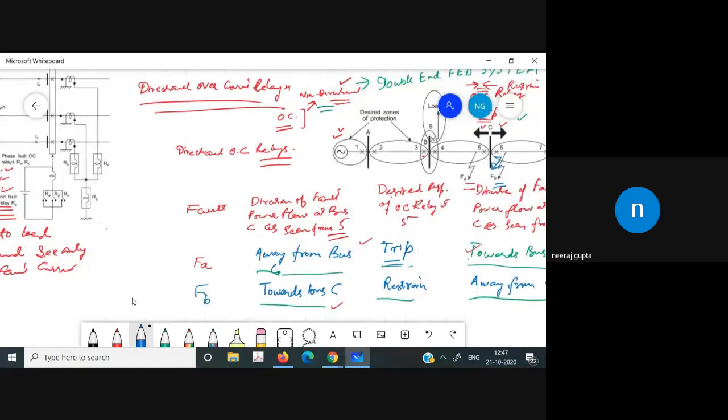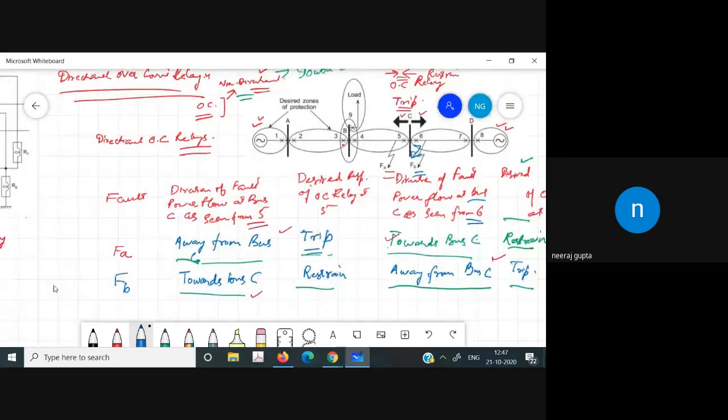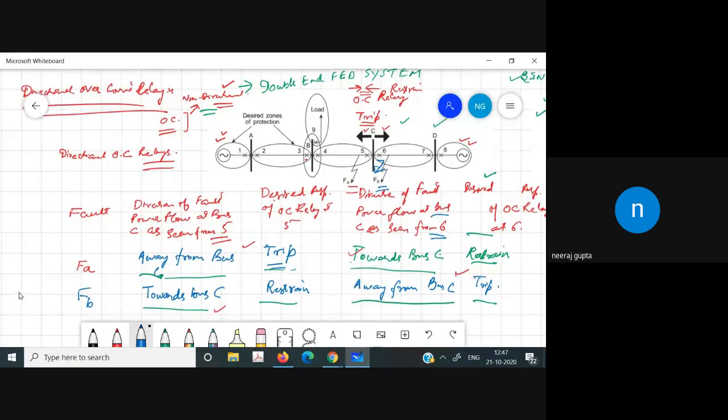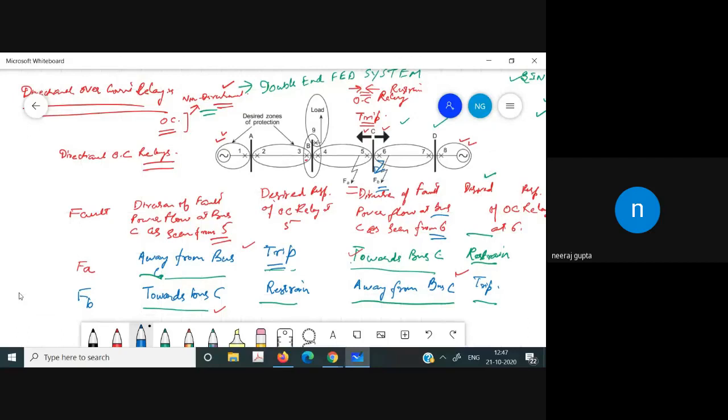Next we discussed the directional overcurrent relay and its basic concept. We have seen that if we use a normal non-directional overcurrent relay, then the desired zones are not generated.